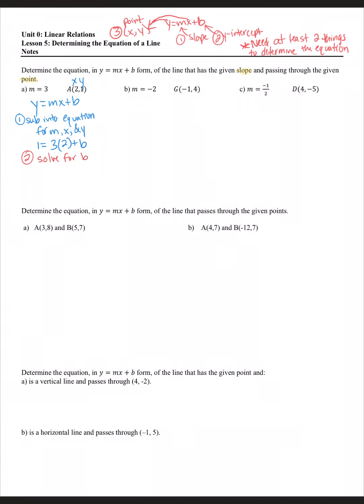So we'll first simplify our equation. So 3 times 2 is 6 plus b. And then I'm going to move 6 over to the other side of the equation. So 1 minus 6 is a negative 5. Okay, and then finally, we are going to write the equation with m and b.